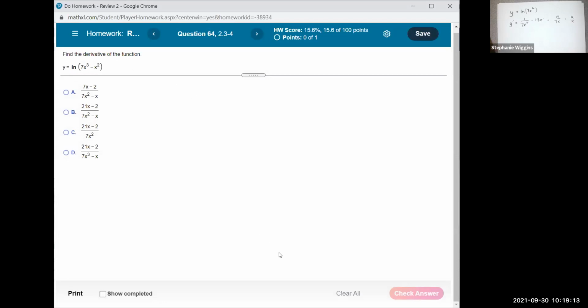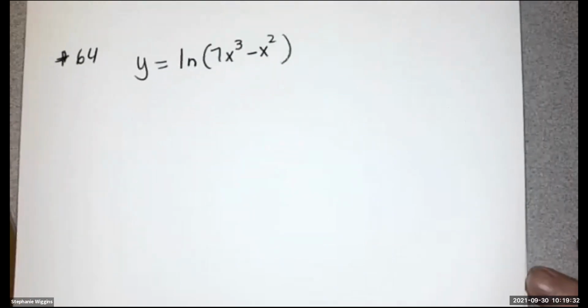So let's look at this one very quickly. This is number 64. We take the reciprocal because this is a log function. So the first step is to take the reciprocal of the inside, which is 7x cubed minus x squared.